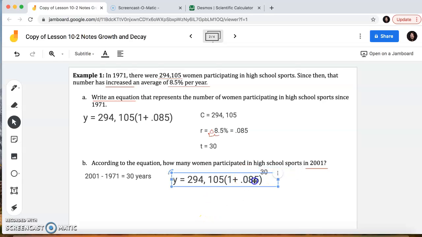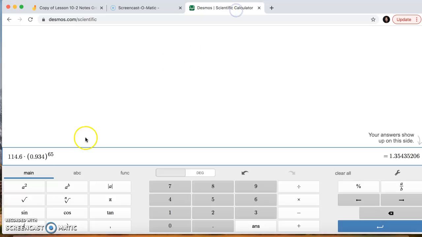And I'm going to go ahead and add this right here: 1 plus 0.085 is just going to be 1.085. If you don't believe me, go to the Desmos calculator. 1 plus 0.085 is 1.085.